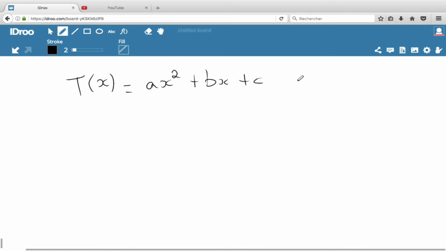Donc, prenons une forme générale ax carré plus bx plus c. We call this kind of function a polynomial of degree 2, because the most important power of x is 2. Nous appelons ce genre de fonction un polynôme de degré 2. Parce que la puissance la plus importante de x est 2. That's why we call it a quadratic function. C'est pour cela que l'on appelle ça une fonction quadratique.